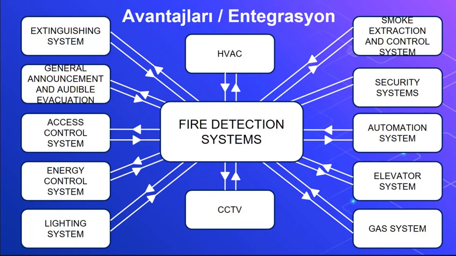And what is CCTV? CCTV is the name given to the system in which the image taken by the camera is transmitted to a certain location. CCTV stands for closed circuit television.